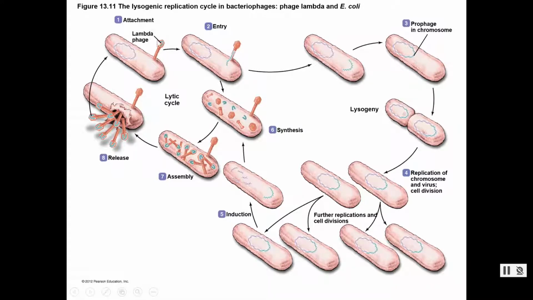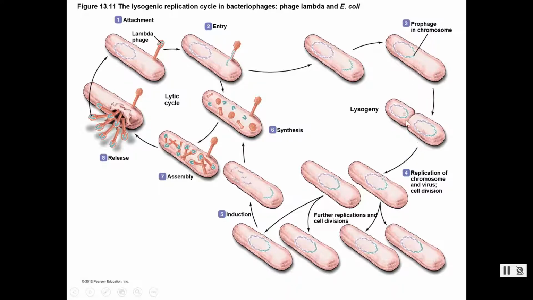Attachment, the same thing. This lambda phage is an example of a bacteriophage that undergoes this lysogenic method. We got attachment, we got entry, and then instead of immediately going into synthesis, assembly, and release, it went into lysogeny. The viral DNA integrated into the chromosome, and now we call that viral DNA a prophage.